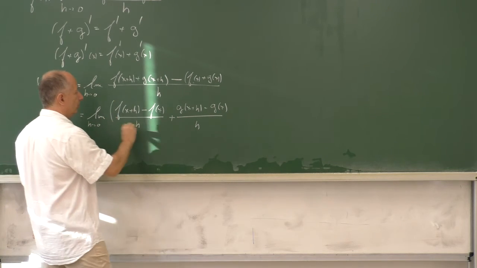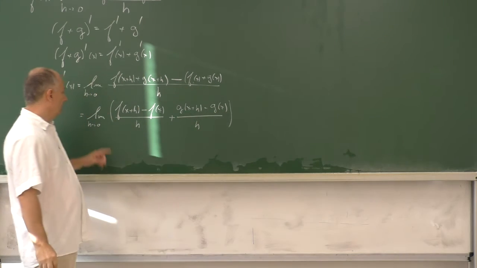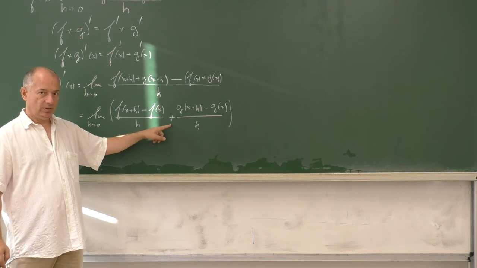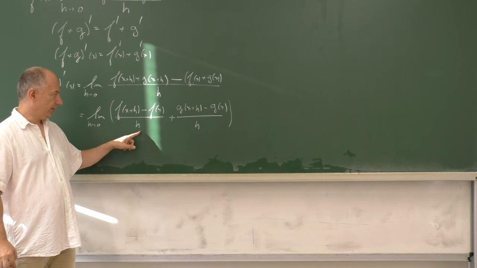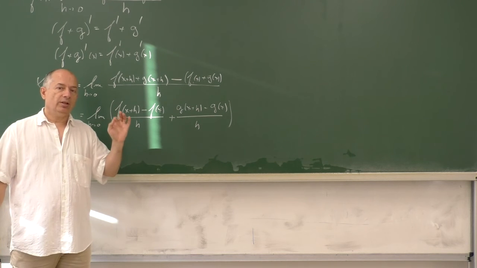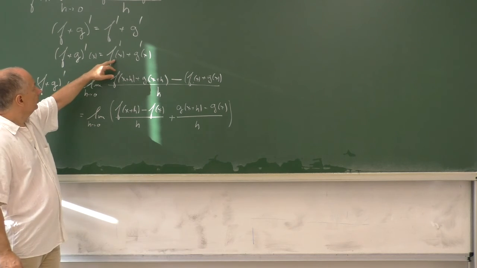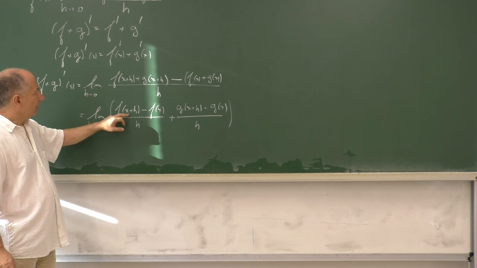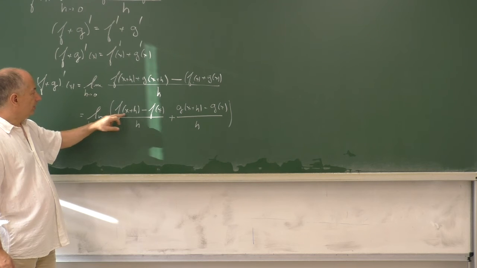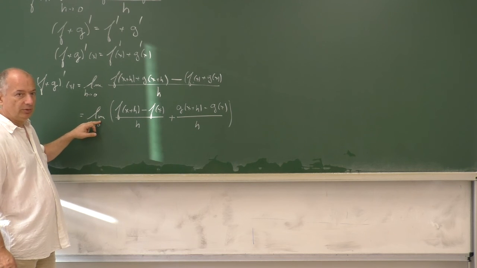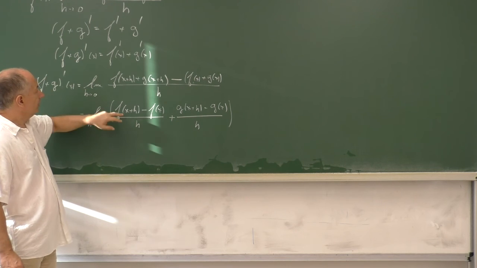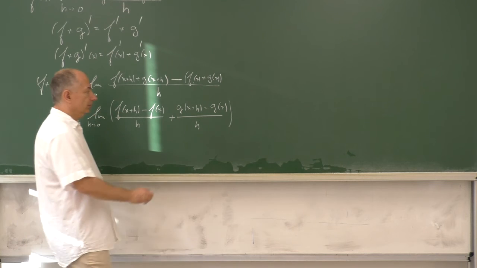And now we use the theorem that the limit of a sum is the sum of limits if the limits exist and are finite, are proper, which we assume to be. So this fraction, when taking the limit for h approaching 0, is the definition of the derivative of f alone.